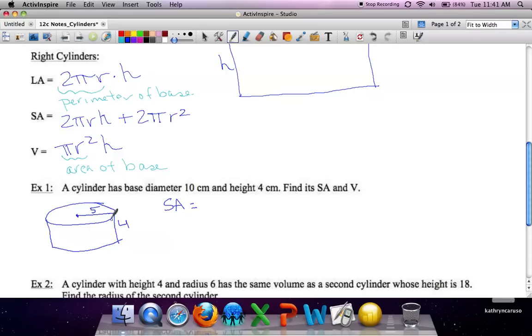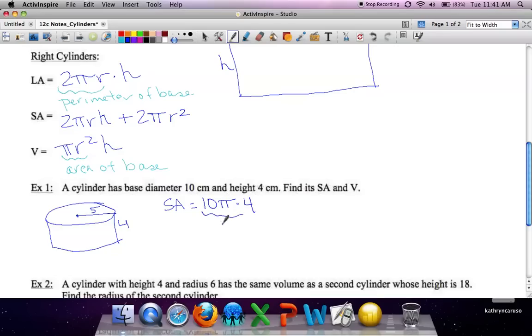Let's do the lateral area first, which is the area around the side. The lateral area is the perimeter, which is the circumference of the base, which is 2 times 5 times pi. So that's 10 pi, the circumference, and you multiply that times the height, which is 4.